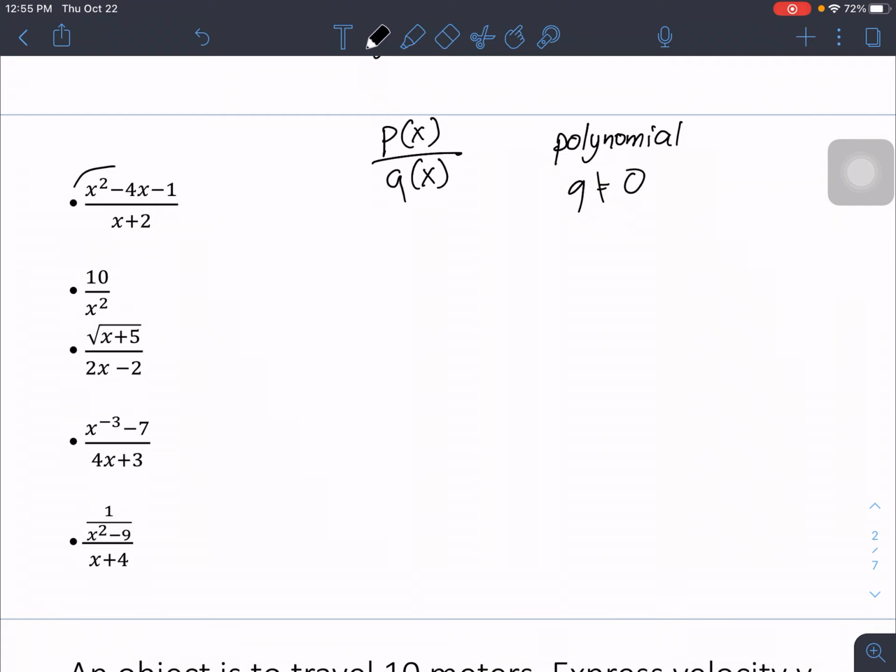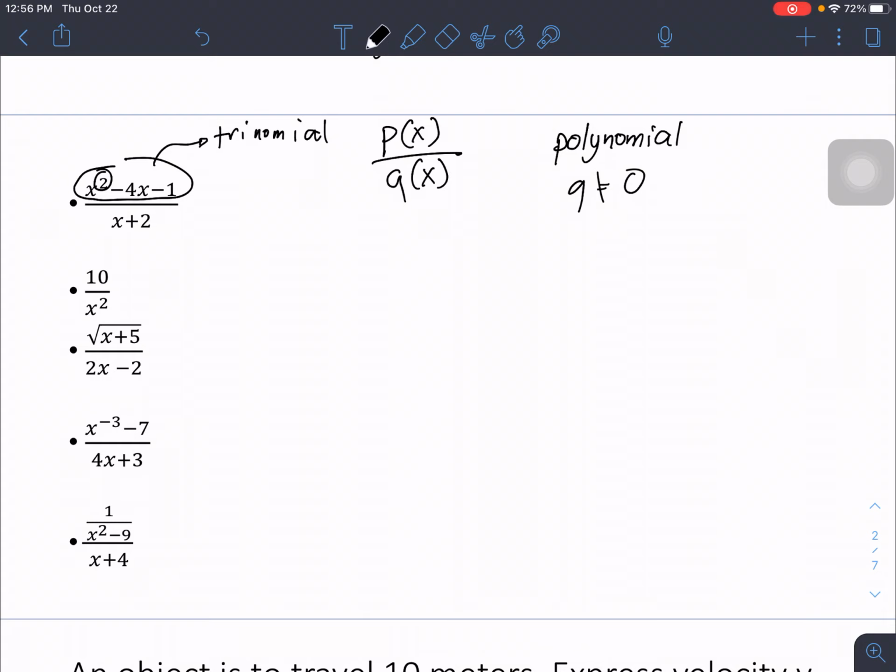The numerator is a polynomial, which is a trinomial, because it has three terms: x squared, negative 4x, and negative 1. It is of the second degree because the highest exponent of this function is 2.